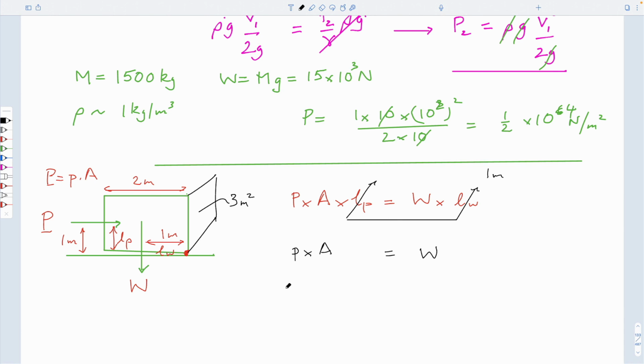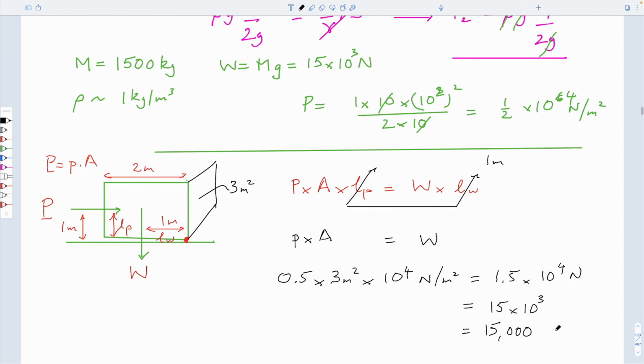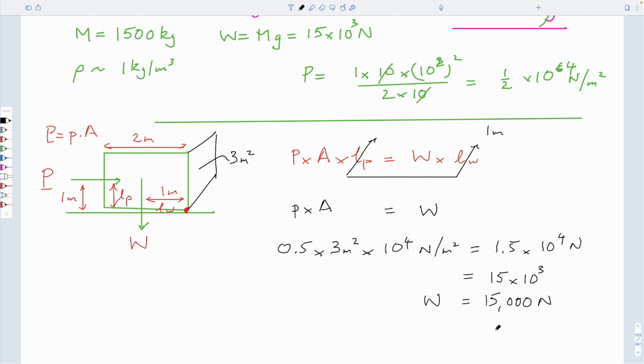And so 0.5 times 3 meters squared times 10 to the 4 newtons per meter squared should be equal to 1.5 times 10 to the 4 newtons, which is equal to 15 times 10 to the 3 newtons, which is equal to 15,000 newtons, which is equal to 1,500 kilograms.